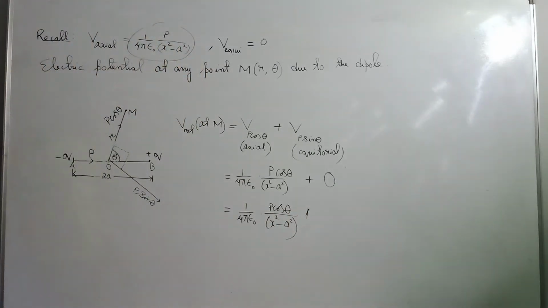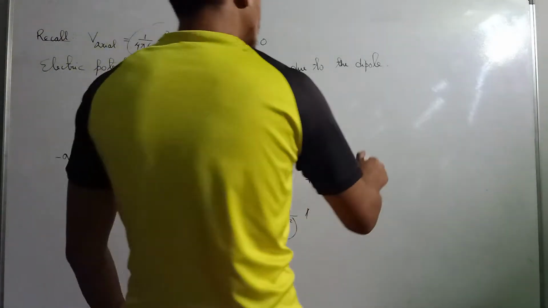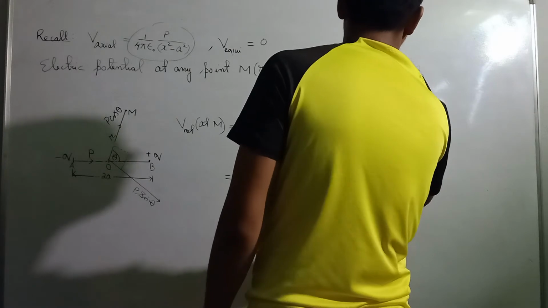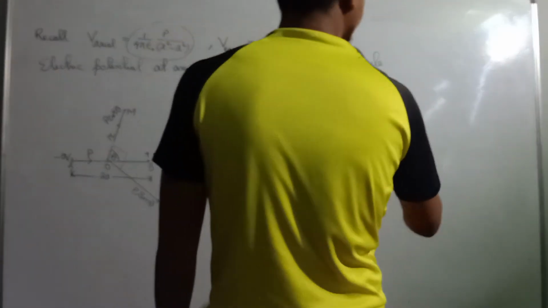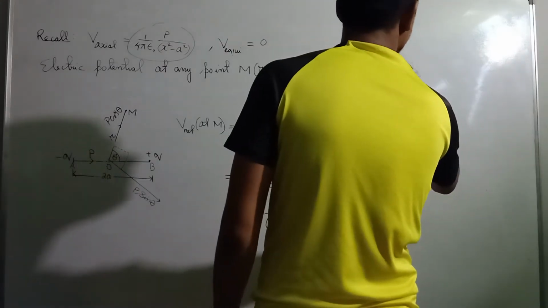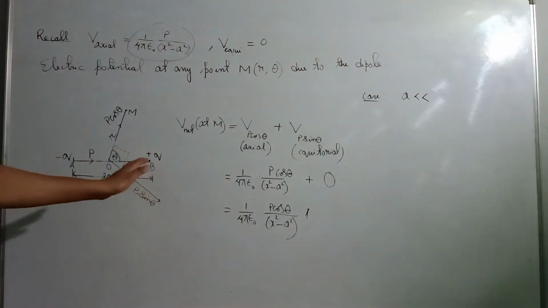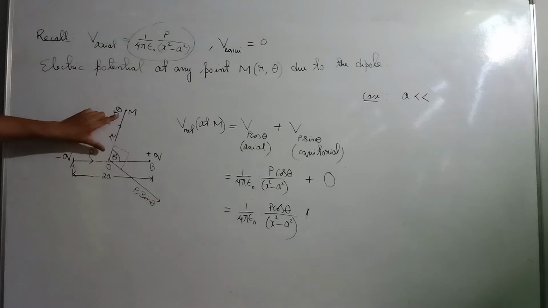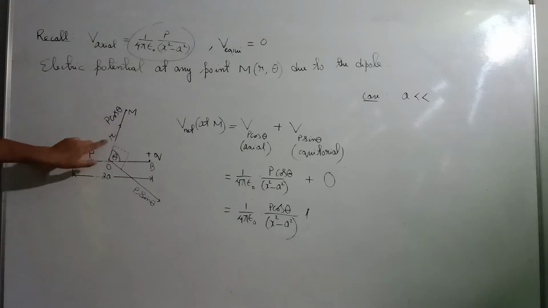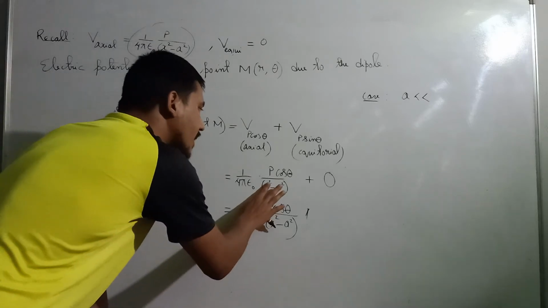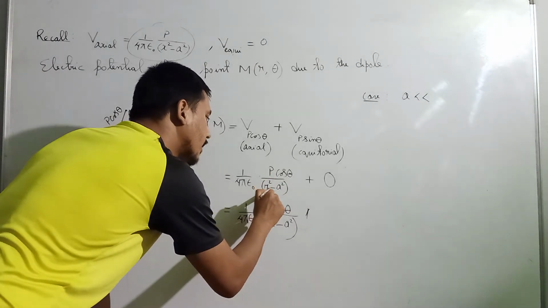Clear? Now, special case, if the dipole is of very small length, that means a will be much, much less as compared to r. Here see, distance of this point M from the center of the dipole is r, right? That means x has to be replaced by r.